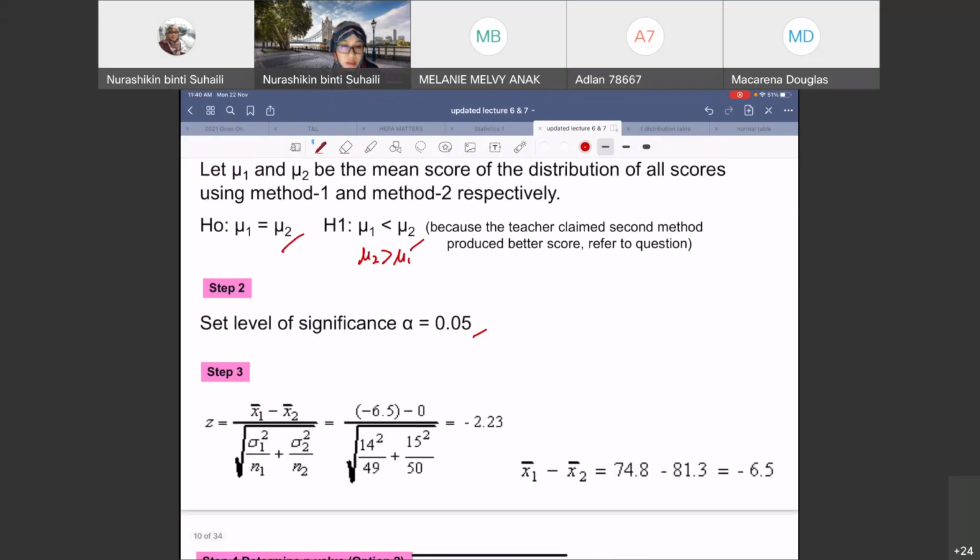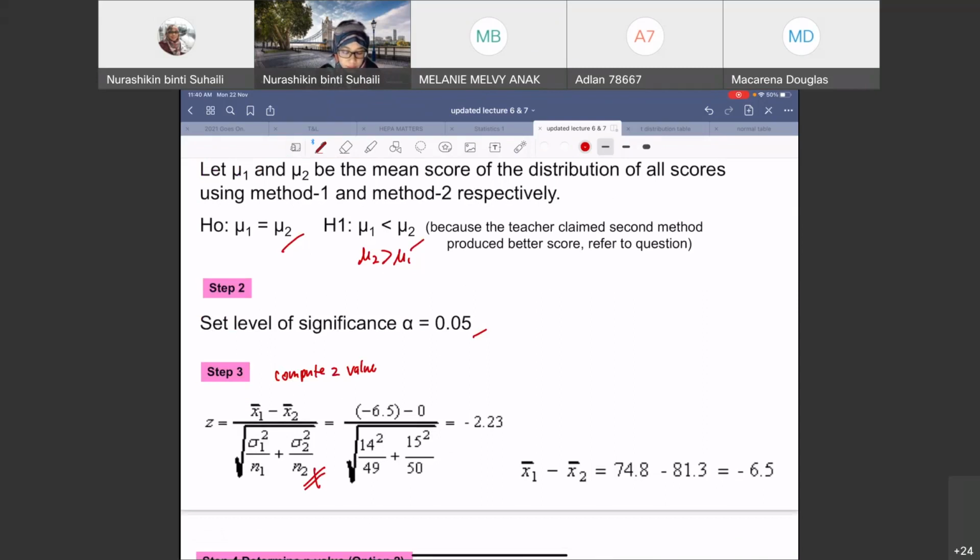Step 3, you have to compute the Z value based on this formula, which is given to you in the exam. You have to know that this Z value refers to hypothesis testing with 2 populations. How to use it?